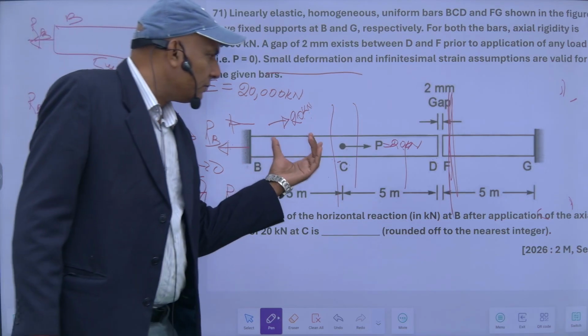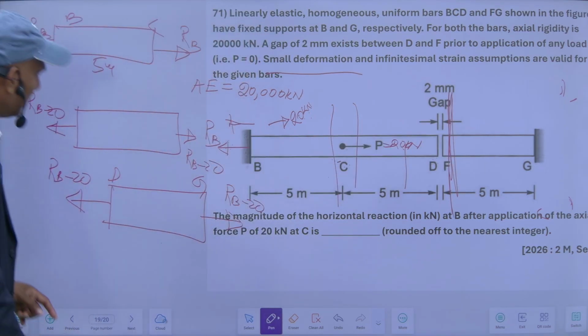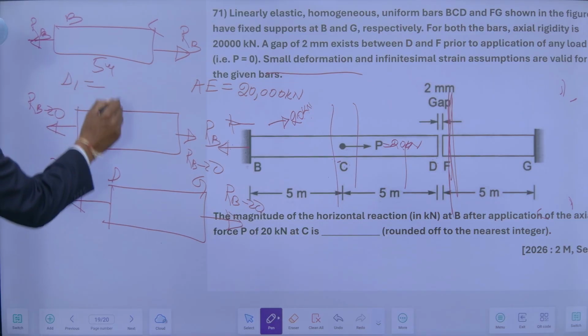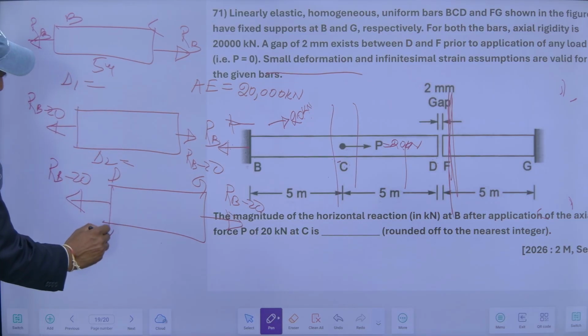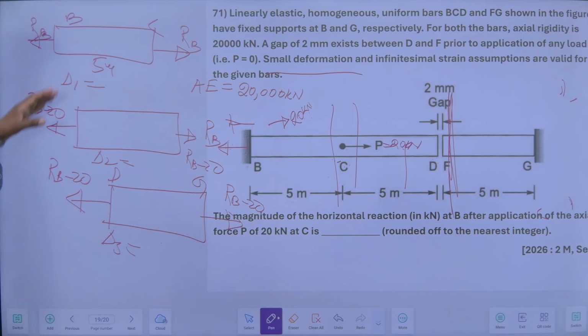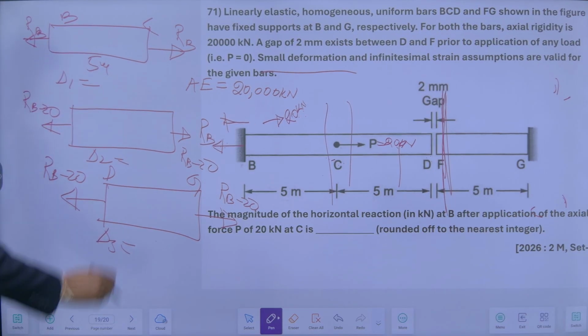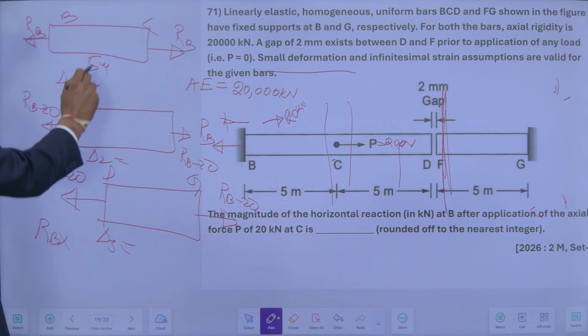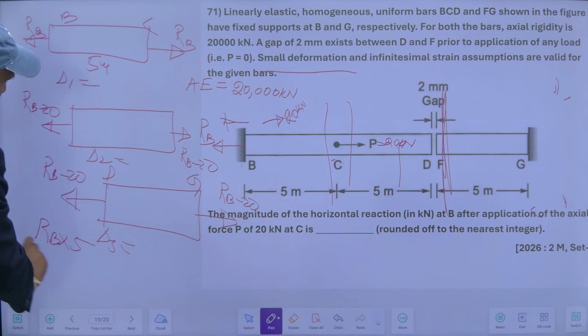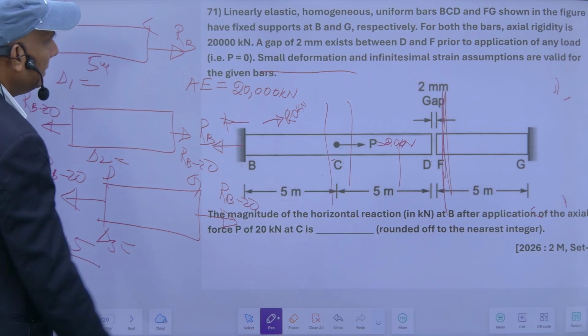So I have 3 parts, 1, 2 and 3. Now total displacement will be delta 1, this is delta 2 and this is delta 3. Delta 1 will be, what will be the value of delta 1? This is RB into its length, this is 5 meter upon AE.